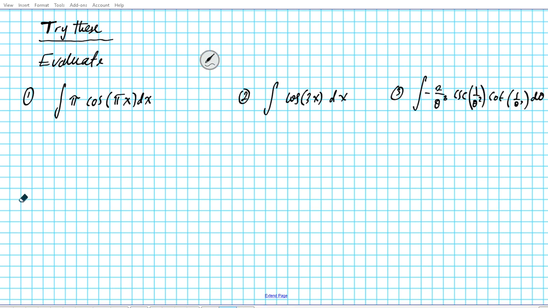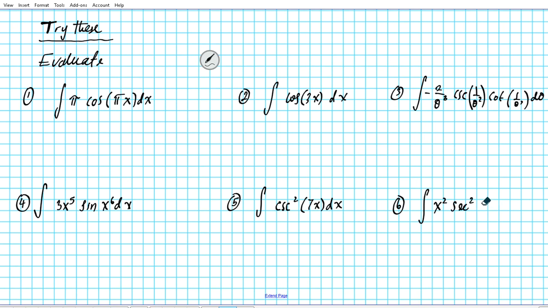And then number 4, what if you were to evaluate the integral of 3x to the 5th power, sine x to the 6th? Number 5, what if you were to evaluate the indefinite integral cosecant square 7x dx? And last but not the least, what if you were to evaluate the integral of x squared secant square 2x to the 3rd dx?